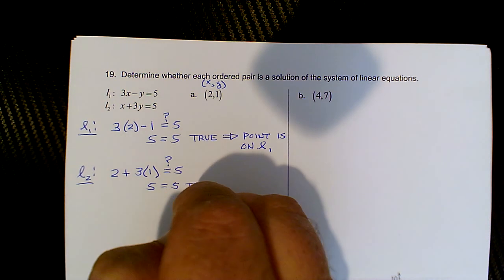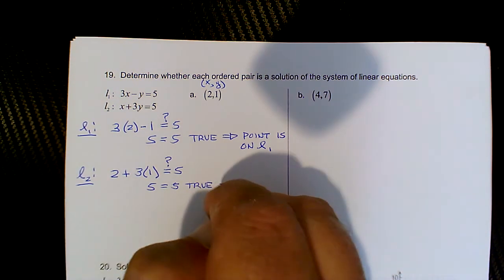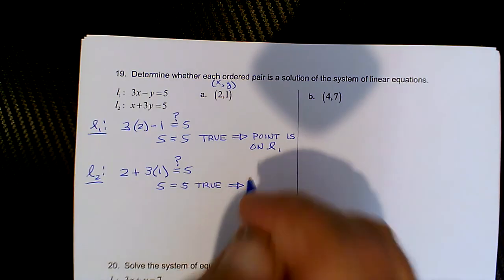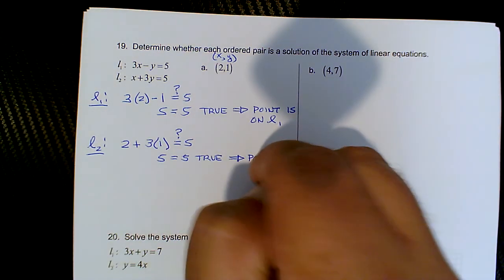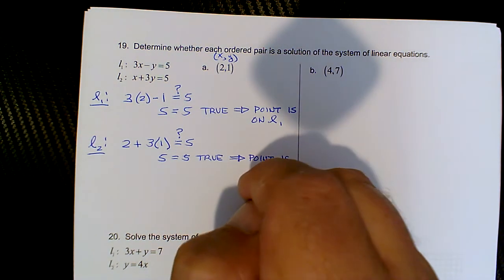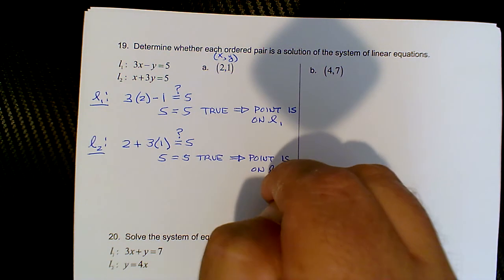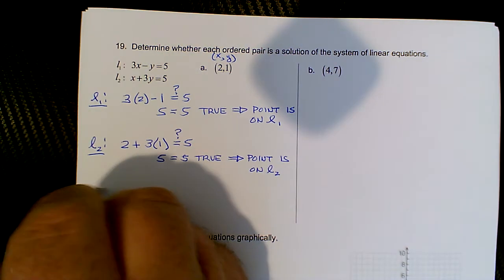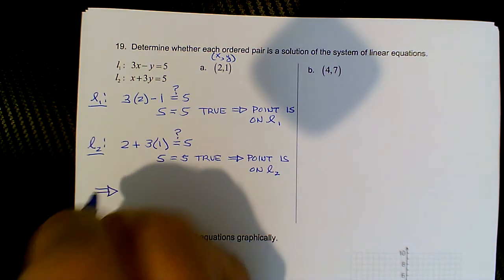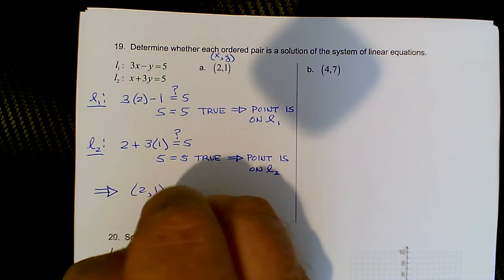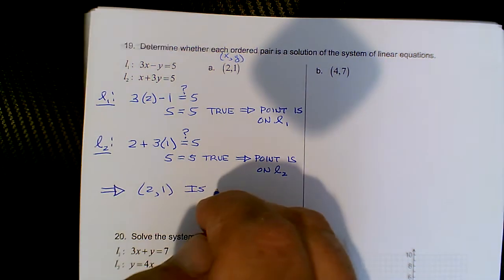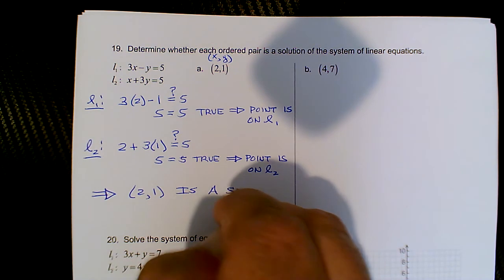And the point is not on L2. It has to be on both to be on the system, even though it's on L1, so 4, 7 is not a solution, just abbreviate that, to the system.